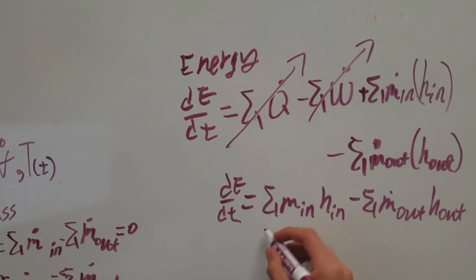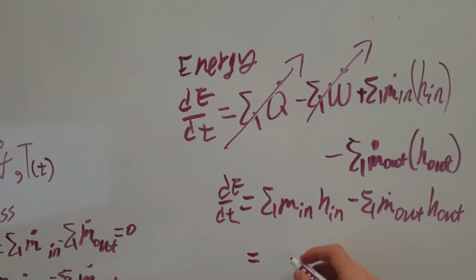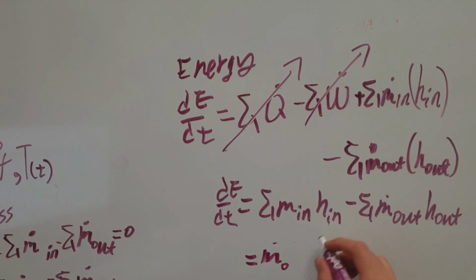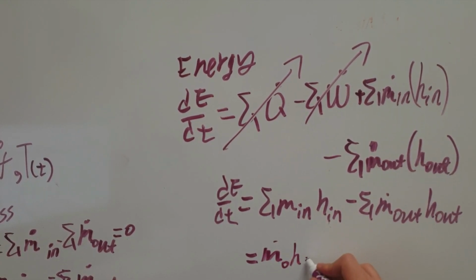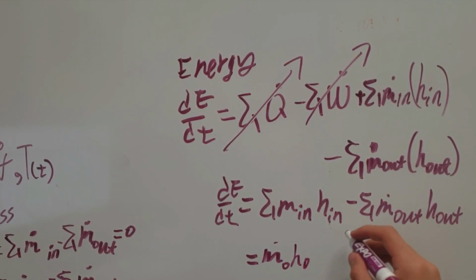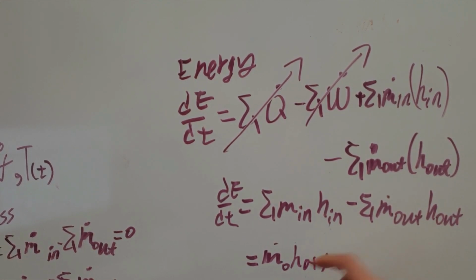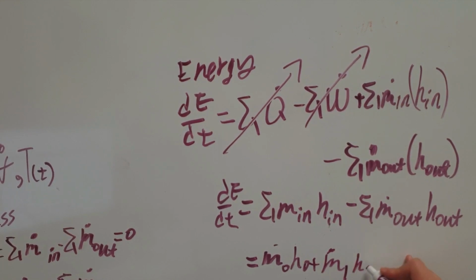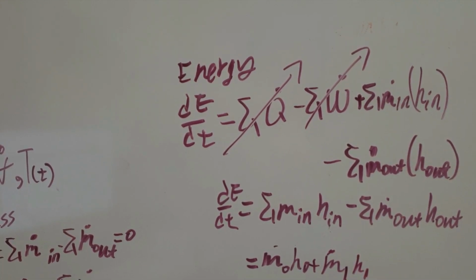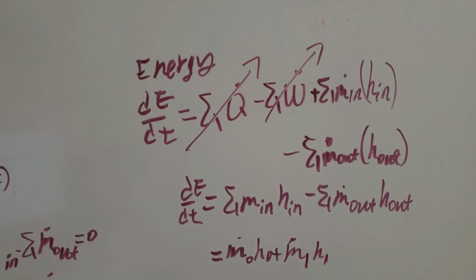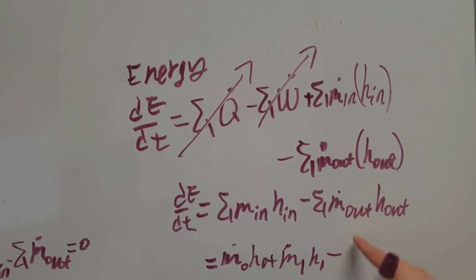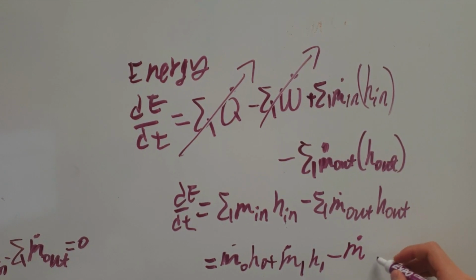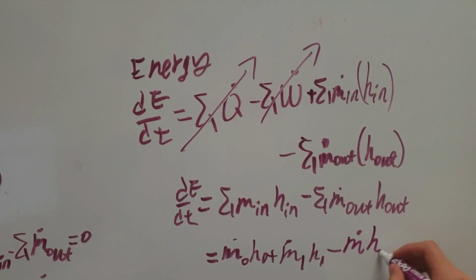We already know we have two inlets, so m dot 0 h 0 for the left ventricle, plus m dot 1 h 1 for the catheter, minus m dot out, just regular m dot, times h.